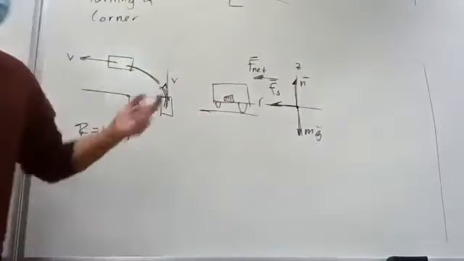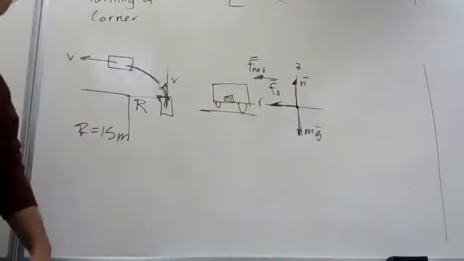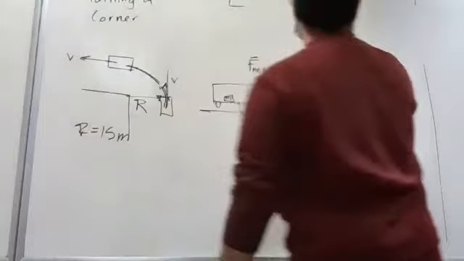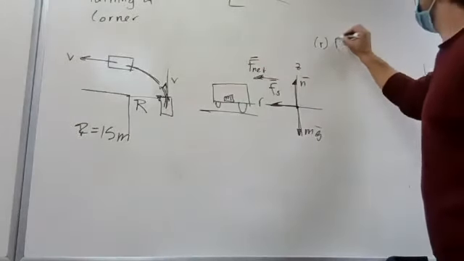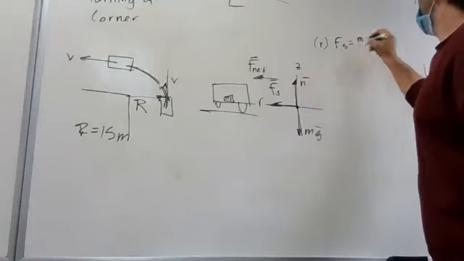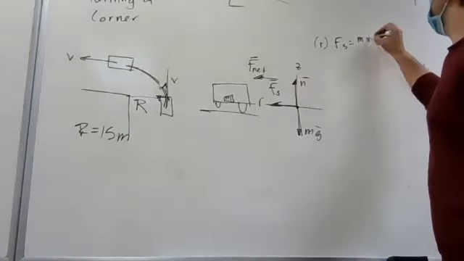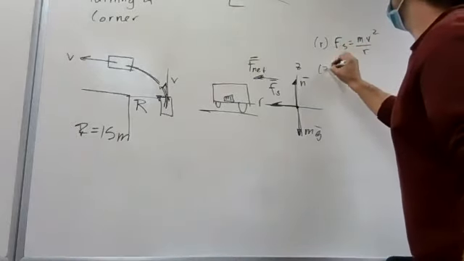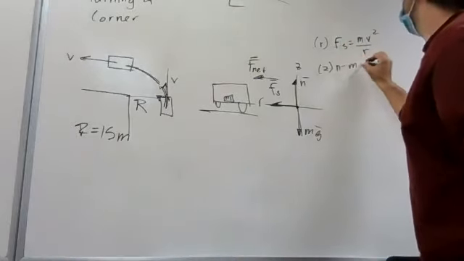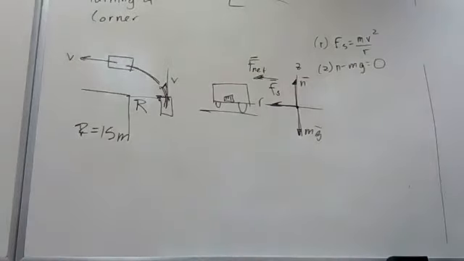Okay, this simple free body diagram is still useful. So in the R direction, we have just F of static friction equals MA, or MV squared over R. And then in the Z direction, N minus MG equals 0.